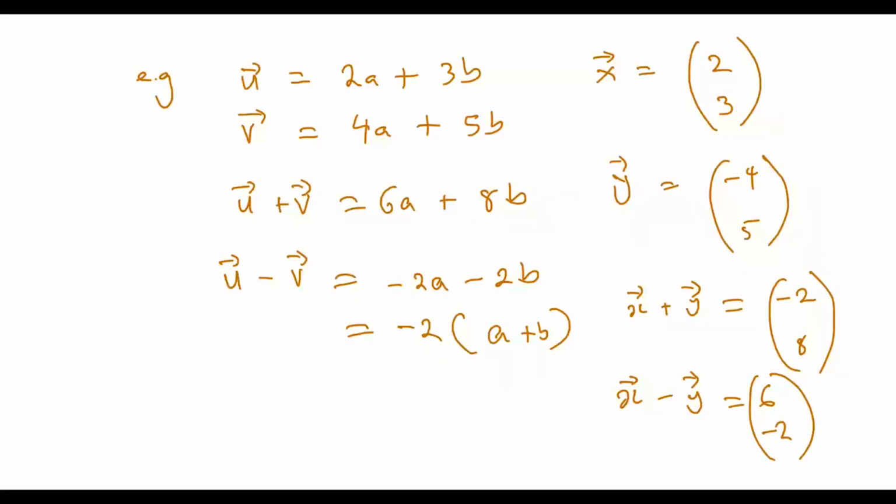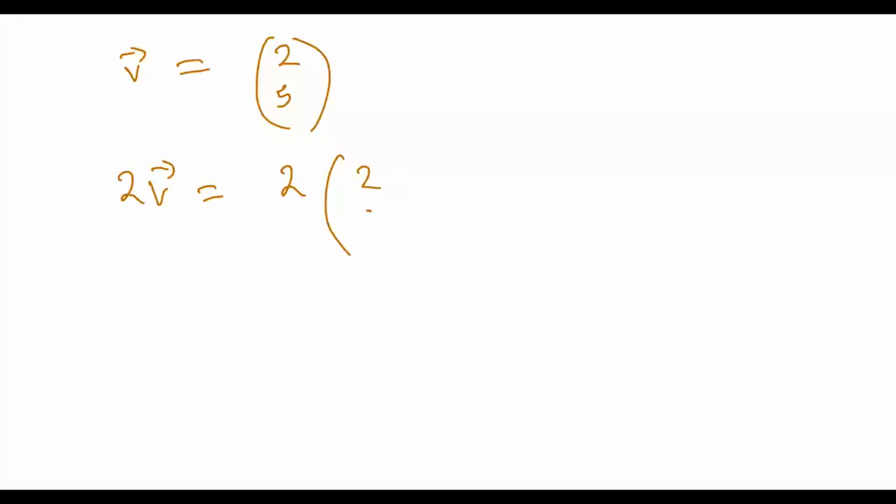The next one will be multiplication of a vector by a scalar. Let's say you have a vector v equals 2, 5, like this. Then you want to get 2v, so this will be 2 into bracket 2, 5, and that will be equal to 4, 10.